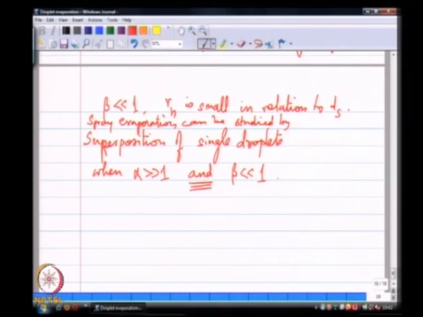So, if I now look at a single droplet, say of some diameter d 0, the vapor surface is at concentration Y a s. So, this is the saturation mass fraction.